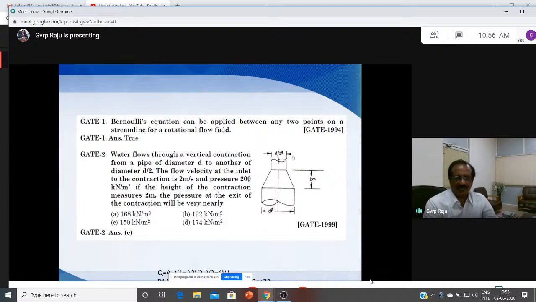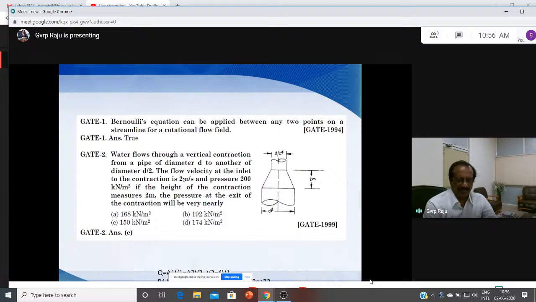We have used the continuity equation: V2 is equal to 4 times V1, and V1 is 2, so V2 is 8 meters per second.